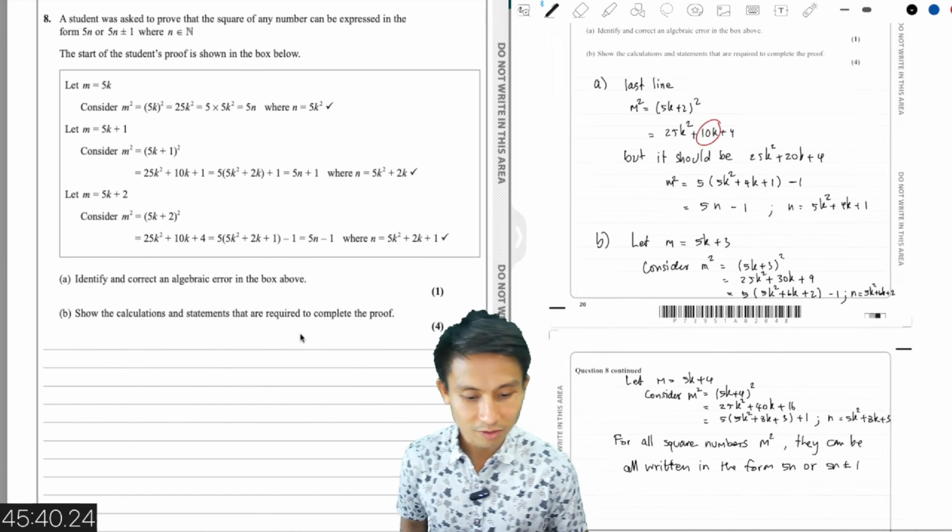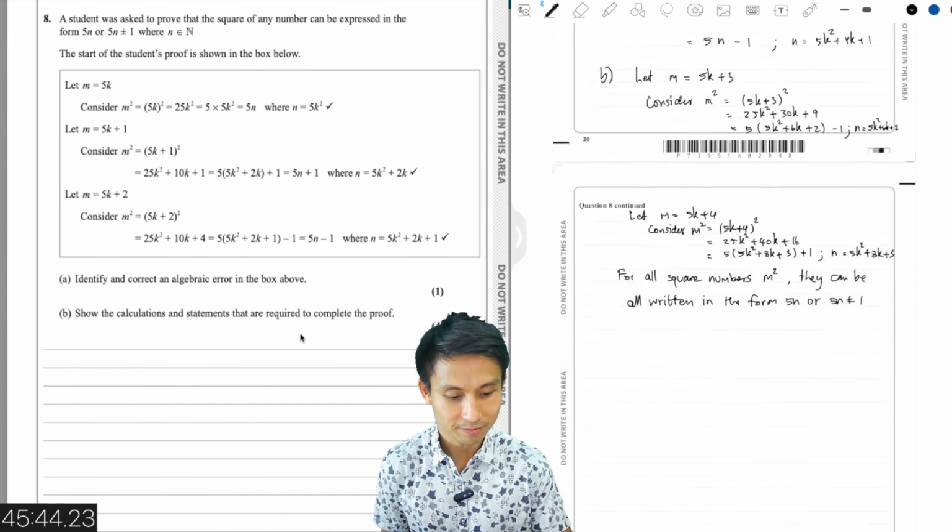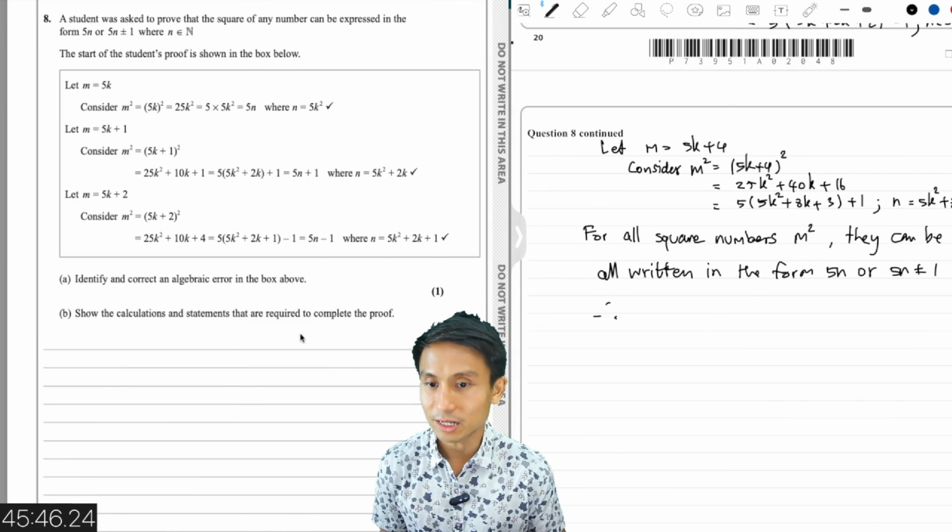We have shown that all of the cases work, right? Yeah, all of them. Therefore, the statement is true.